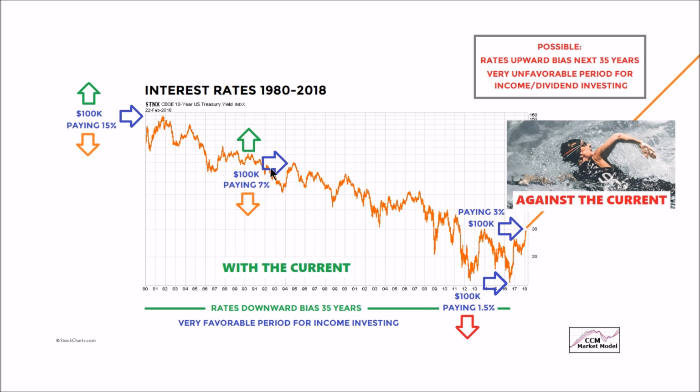Everything we know about income investing, dividends, utilities, blue chips, preferred stocks, master limited partnerships, U.S. Treasury bonds, high yield bonds, you name it, anything that kicks off yield or a coupon, everything we know might be changing. Income, tailwind, income, possibly a headwind now for many, many years.